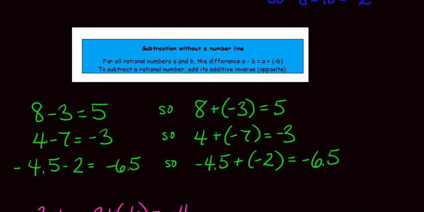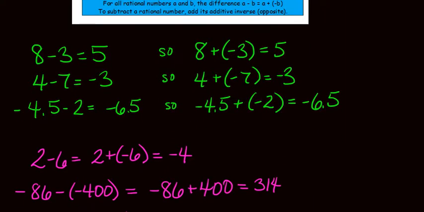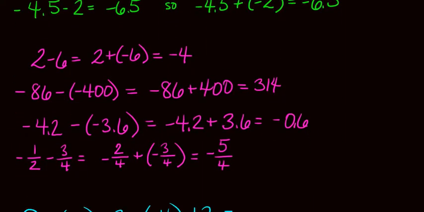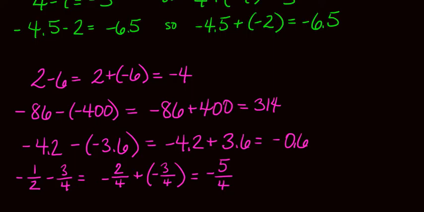All right, I've got some more examples up here because sometimes they get a little harder. Not necessarily harder, but maybe scarier numbers with decimals and fractions. So let's take a look at these. 2 take away 6. We're going to say 2 plus the opposite of 6, which is negative 6, equals negative 4.